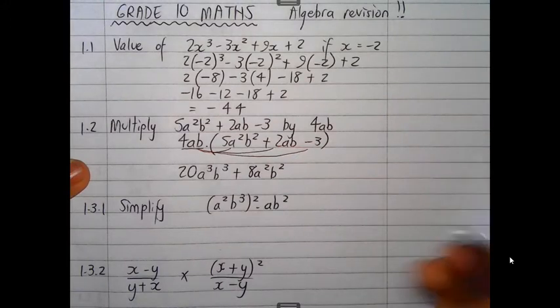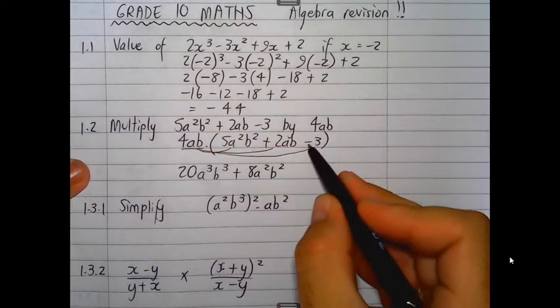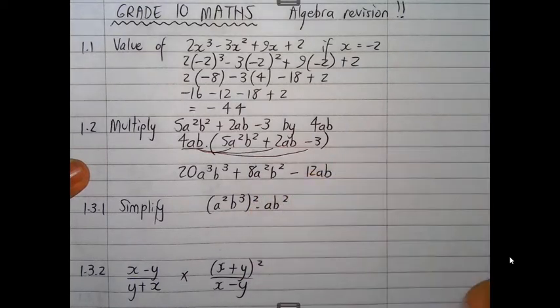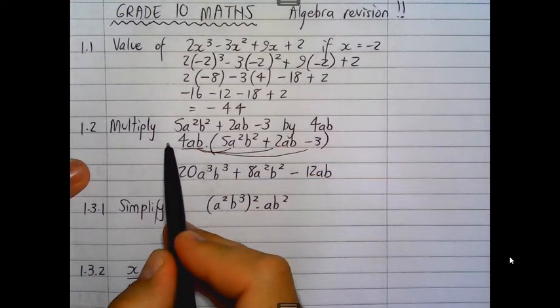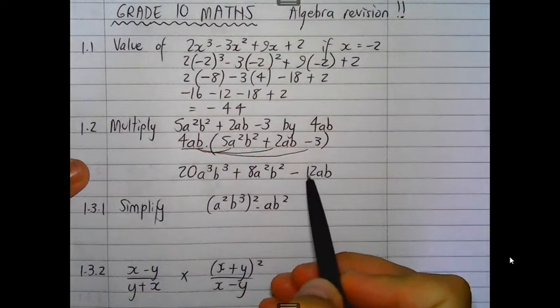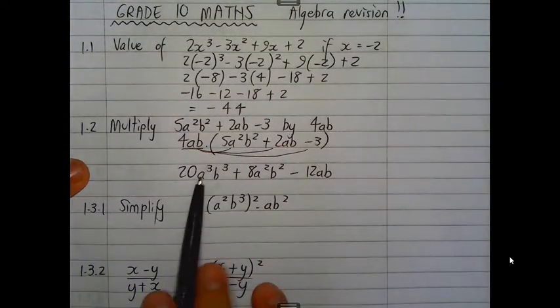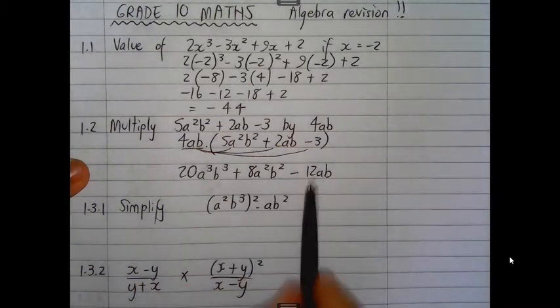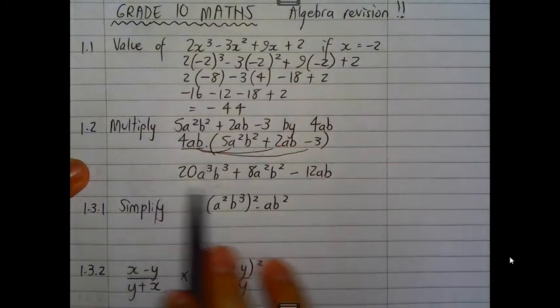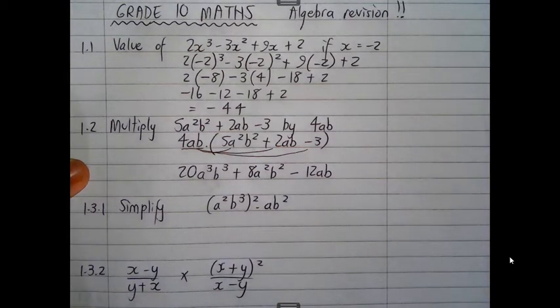Agree? And lastly, the 4ab times negative 3 will be negative 12ab. Why negative? Because a positive 4 times a negative 3 is negative 12. We now must decide, can I join these 1, 2, 3 terms together? And the answer is no. We stop there because those are unlike terms and they cannot be joined together.